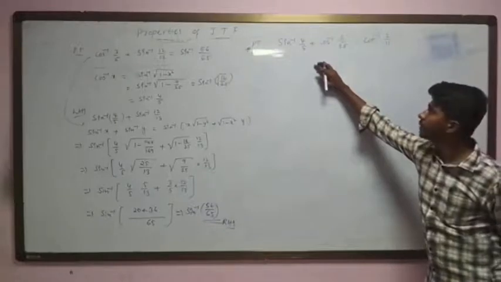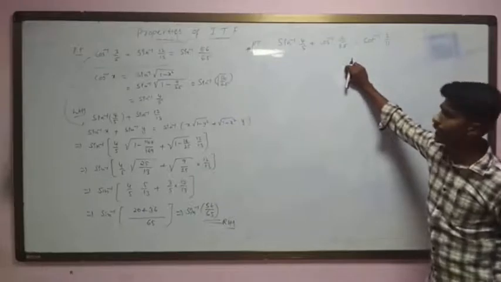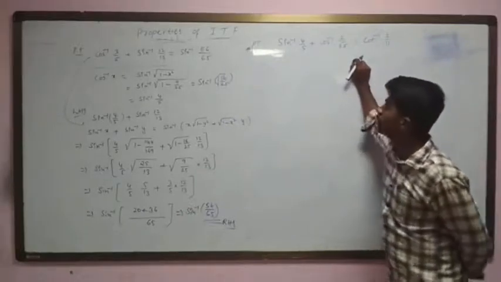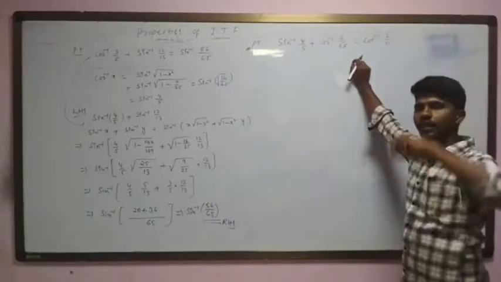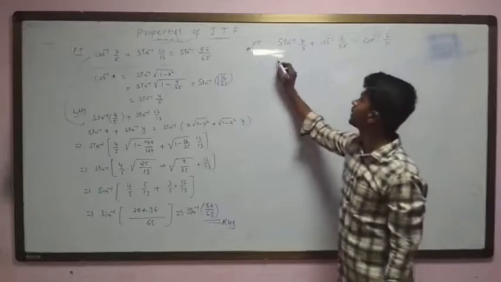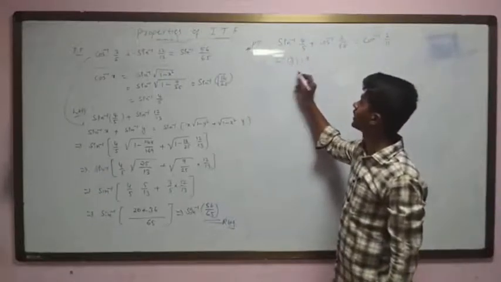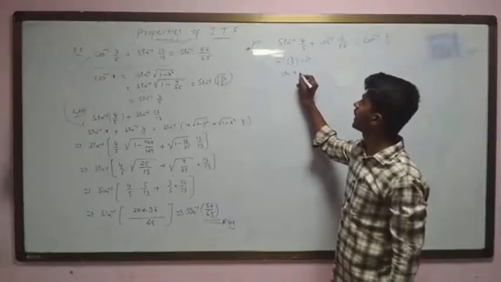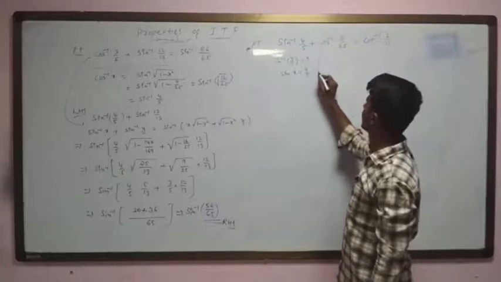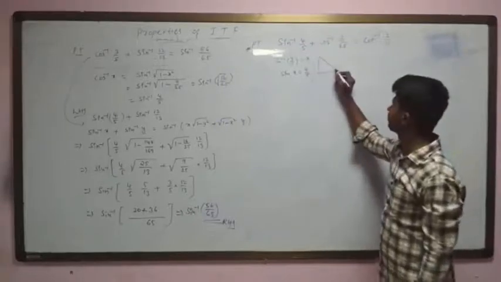So take LHS, convert sine and cos in terms of tan. So what is the formula? If we forget the formula, we can go with the triangle method. Take sine inverse of 4 by 5 as x, then we get sine x equal to 4 by 5. Right angle triangle.